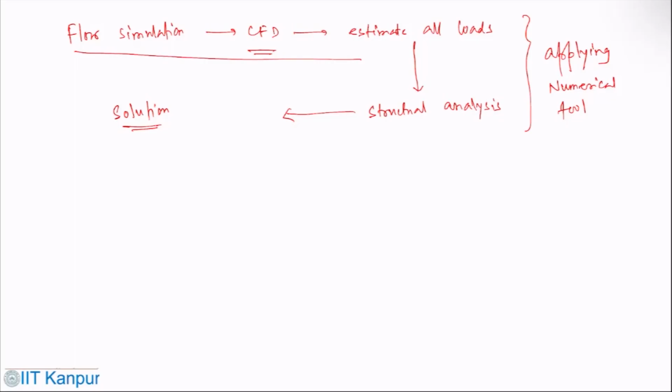Now, coming to the structural analysis, there are different ways to get the structural response. Already you can see that wind turbines are complex structures. So it is necessary to determine various aspects of the response, such as stresses within the structure, deflection, natural frequency.